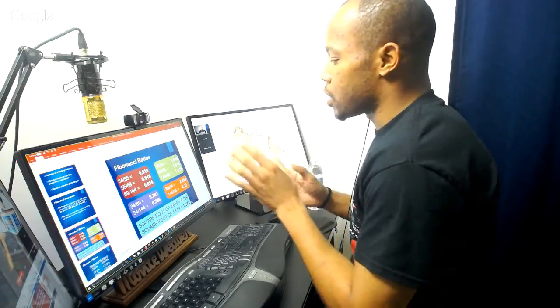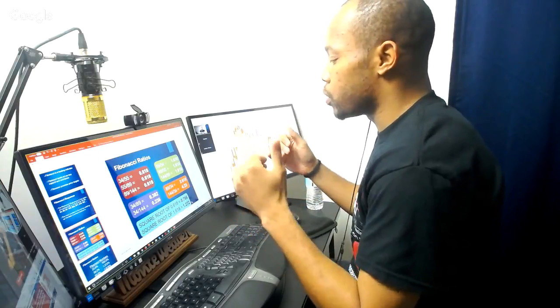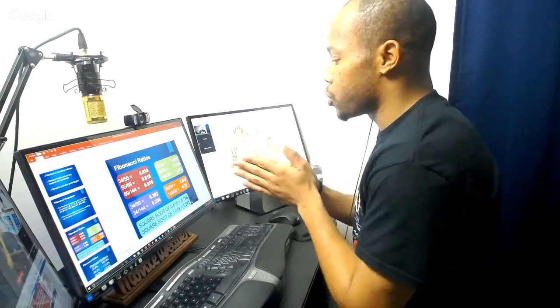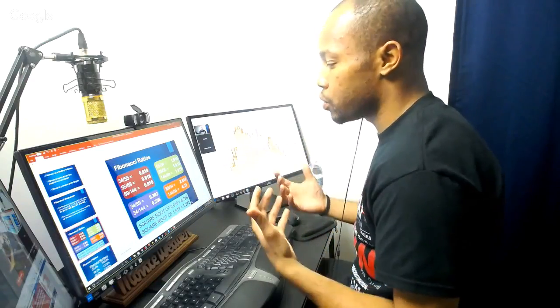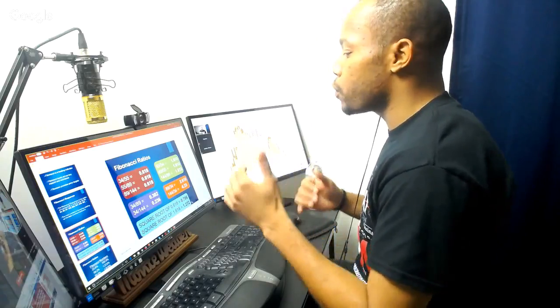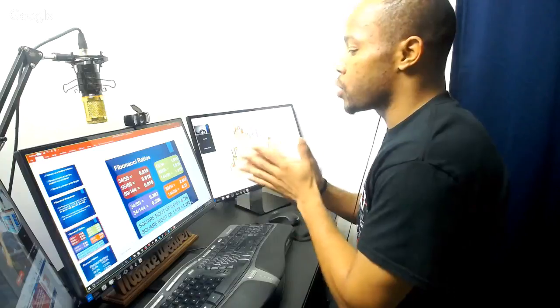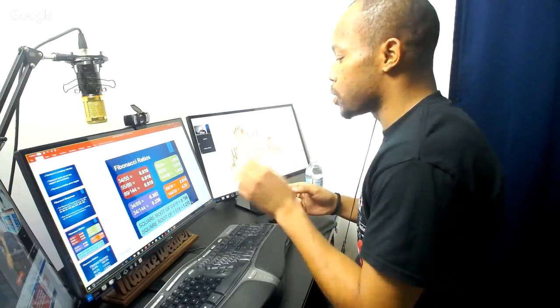It's the same for other numbers that are right next to each other: 55 and 89 are right next to each other, and 89 and 144 are right next to each other. Whatever you divide that's right next to each other in the Fibonacci sequence, you're going to get 0.618.